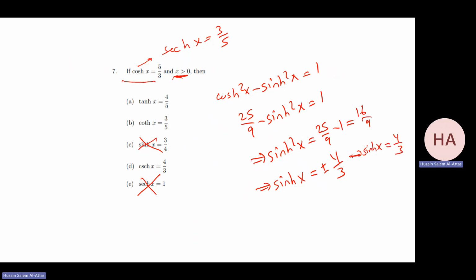This is wrong. And for sure, this is wrong. So now I'll find tan hyperbolic, which is sine hyperbolic over cosine hyperbolic. That is 4/3 over 5/3. That gives me 4/5, and this is my correct answer.